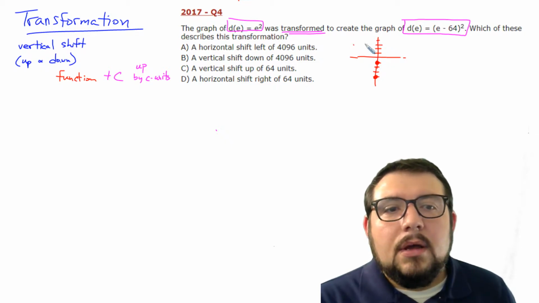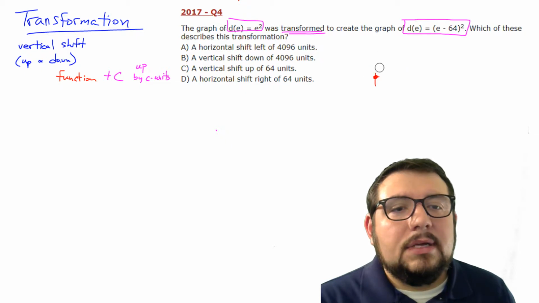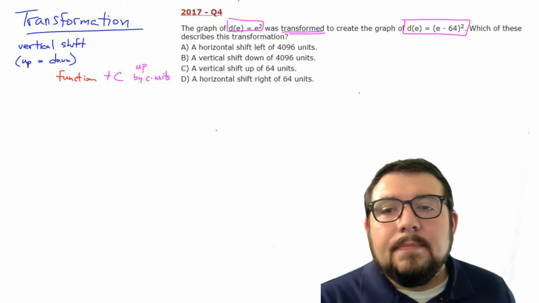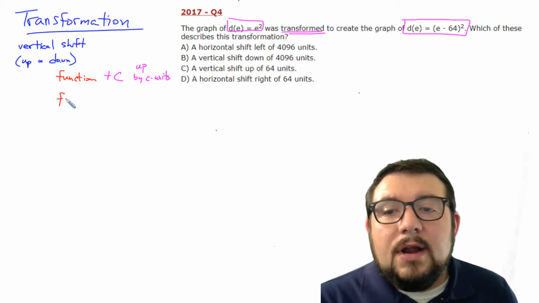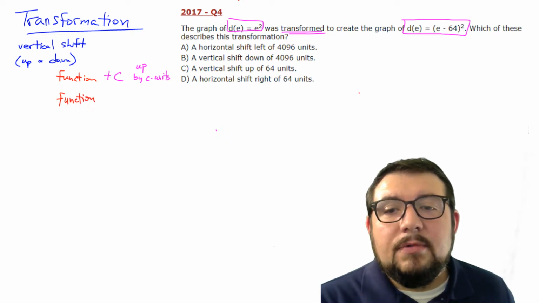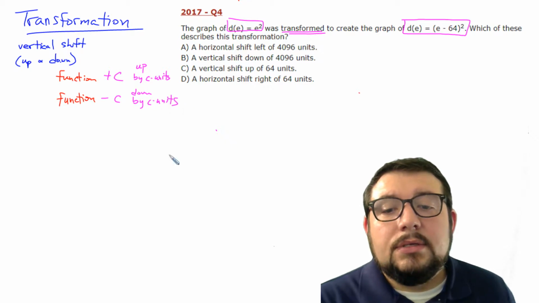Okay. All right. We can eliminate that because that was just scratch paper. If I want to move it down, guess what I'm going to do? Well, the plus sign made it move up, so if I put minus c, that's going to move it down by c units. Okay? So the plus sign matched with the word up, and the minus sign matched with the word down. That's only for vertical.